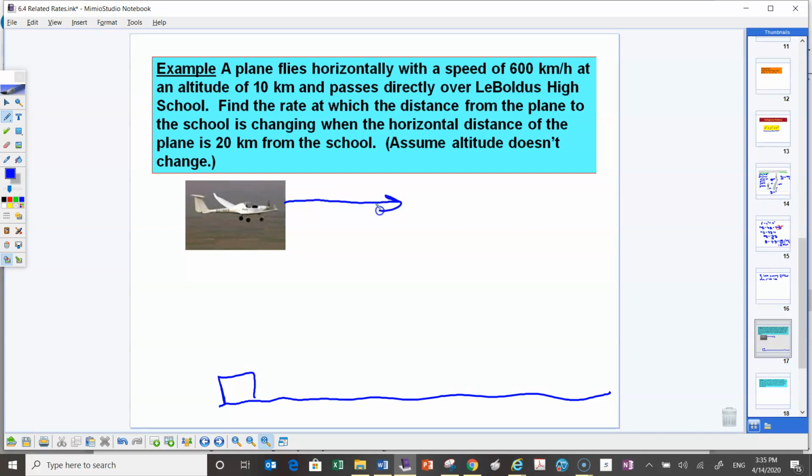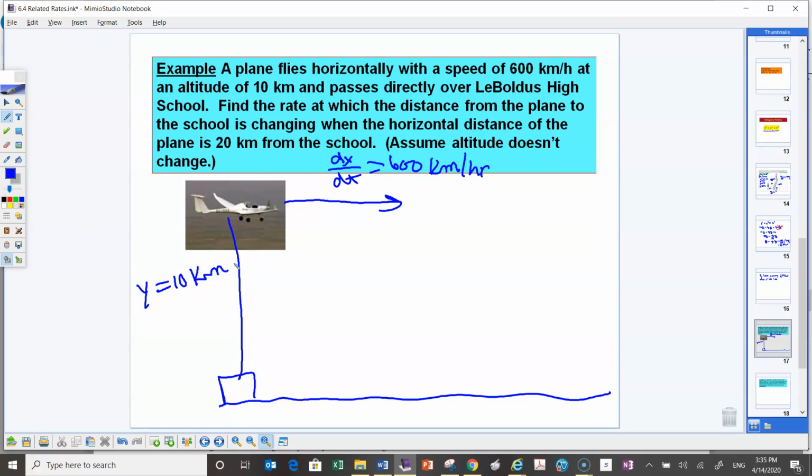It's a pretty fast plane. So dx/dt is 600 kilometers per hour. He's flying at an altitude of 10 kilometers high. So that means that y is 10 kilometers.